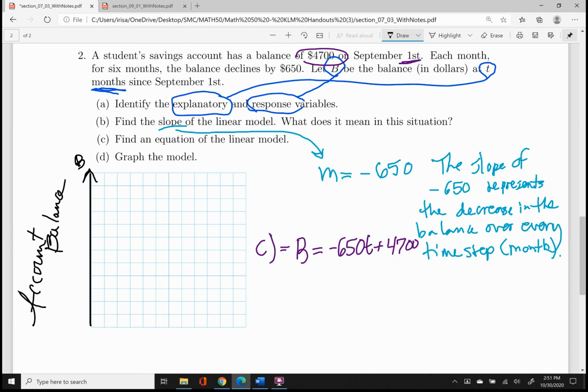And then across the bottom, the horizontal axis is definitely time. So that'll be months since September 1st.